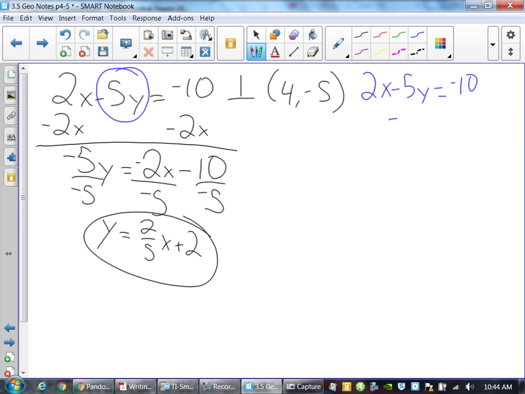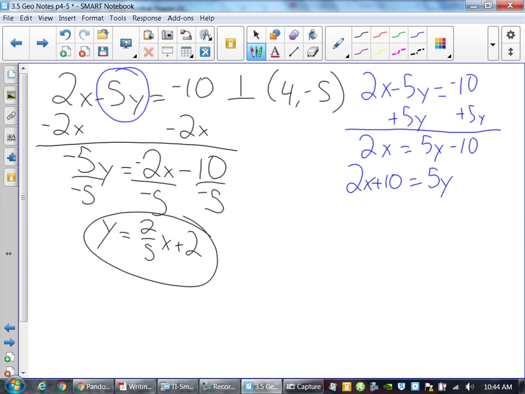If I add the 5y, I have 2x equals 5y minus 10. And then what would I do with that minus 10? I've still added it back the other direction. And then lastly, I divide.